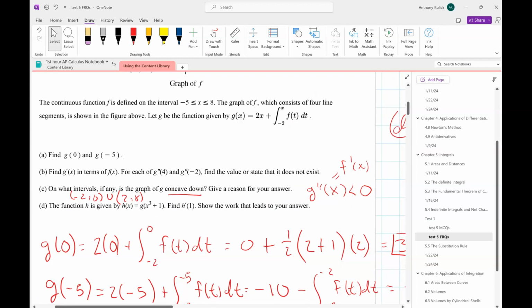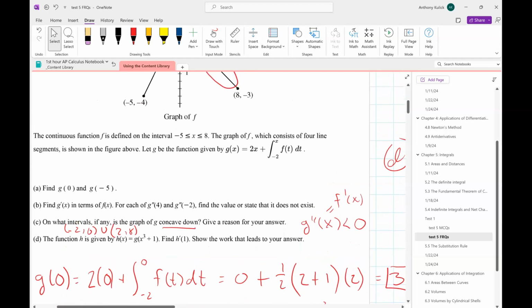The next one says h is given by h of x equals g of x cubed plus 1. Find h prime of 1.